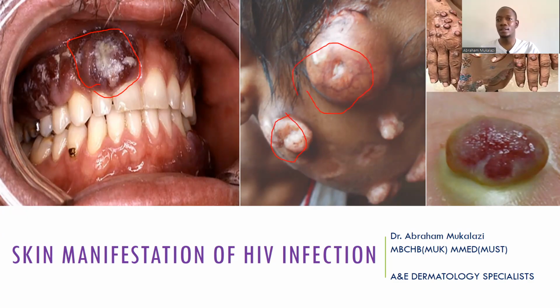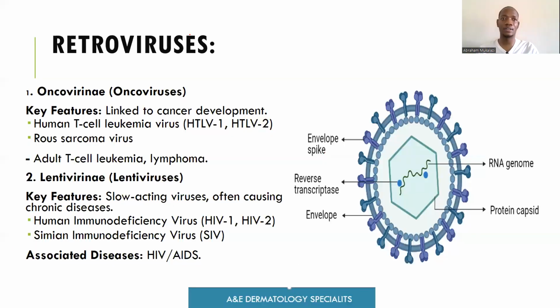Another one has plaques on the skin, and another one has an exophytic mass that is yellow with a yellowish background and a red and pinkish appearance. So when you see such lesions on the skin, you have to be prompted to do particular investigations to make sure that the patient you're dealing with has no underlying condition.